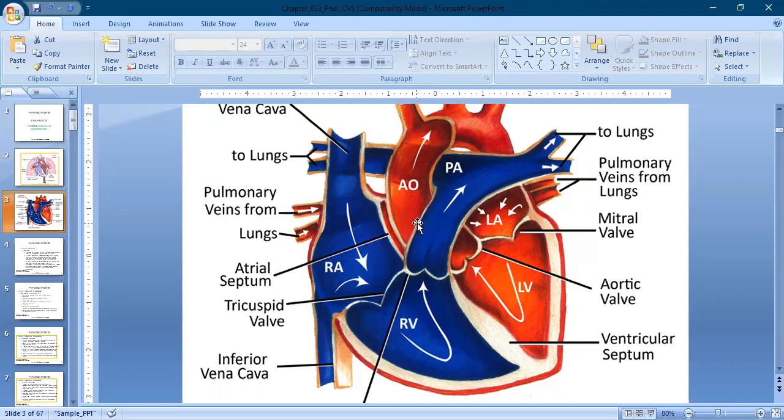The problem is that when carbon dioxide blood mixes with oxygenated blood, this mixed blood goes into the circulation. Your tissues or cells do not get enough oxygen.